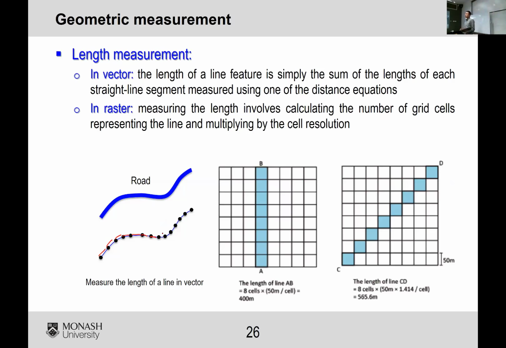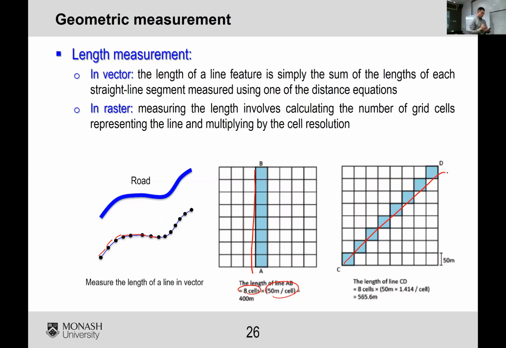And in raster data, it's calculated based on the number of cells and the cell resolution. So if it's a straight vertical line, then we can just get the length by multiplying the number of cells and the cell resolution, right? So each cell is 50 meters in this case.